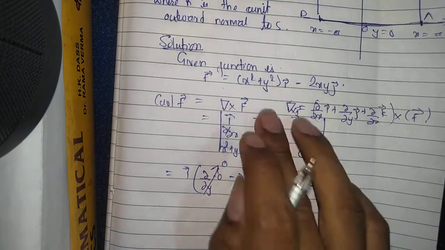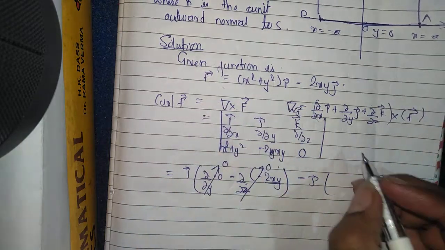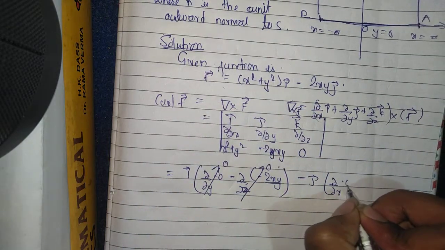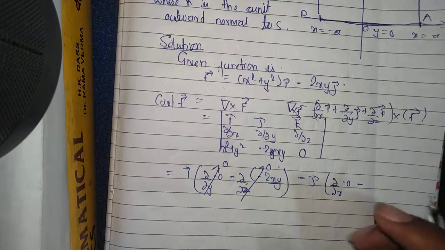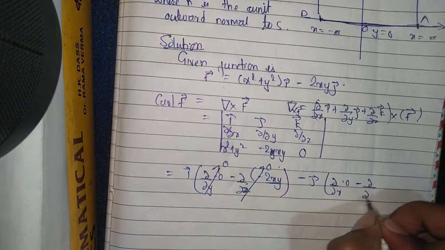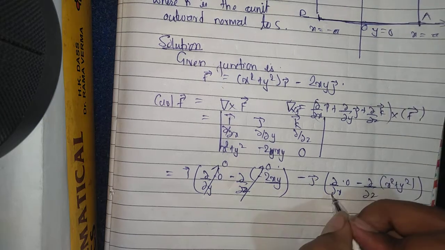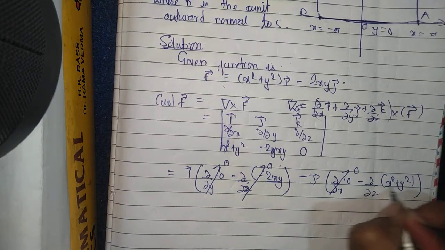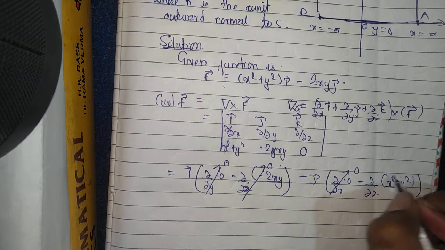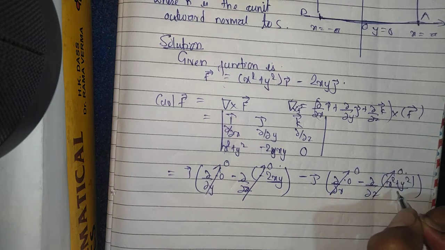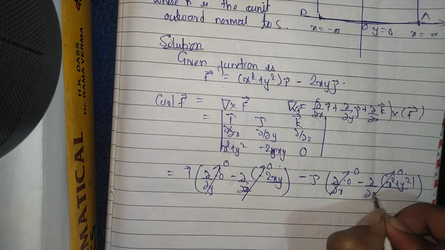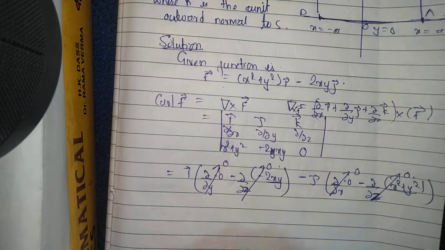Minus j vector, we get del by del x of 0 minus del by del z of (x² + y²). Similarly, this term also gets 0, and there is no term containing z, so the partial derivative with respect to z is also 0 because x and y are constant for partial derivative with respect to z.